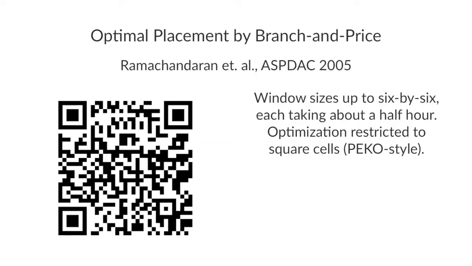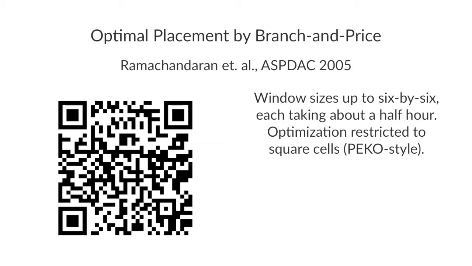Moving beyond branch and bound, there's been some work using mixed integer programming and methods such as branch and price. The key idea here is to use a linear programming solver to find a lower bound on connection costs while exploring the solution space in a manner similar to branch and bound. Using the better estimates and good heuristics to select which branch to explore first, it's possible to increase the size of an optimization window.